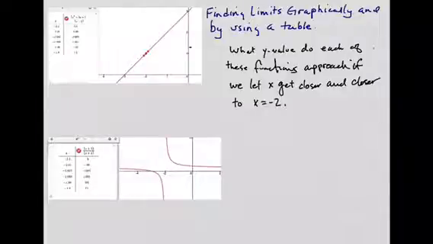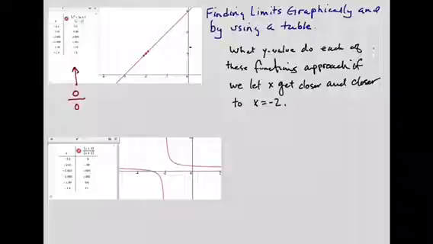Now if we take x equals negative 2 and put it into the function up here, the rational function x squared plus 5x plus 6 divided by x plus 2, you would actually get 0 divided by 0.